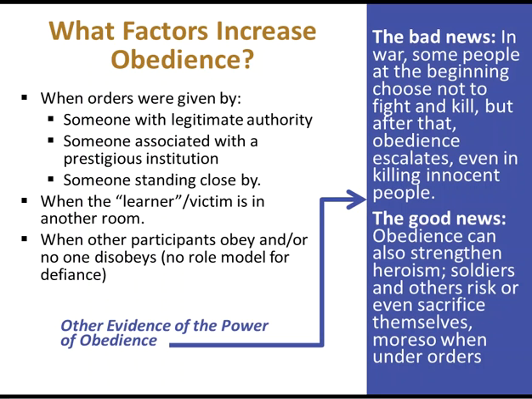The bad news: in war, some people at the beginning choose not to fight and kill, but after that, obedience escalates, even in the killing of innocent people. The good news: obedience can also strengthen heroism. Soldiers and others risk or even sacrifice themselves more so when under orders.